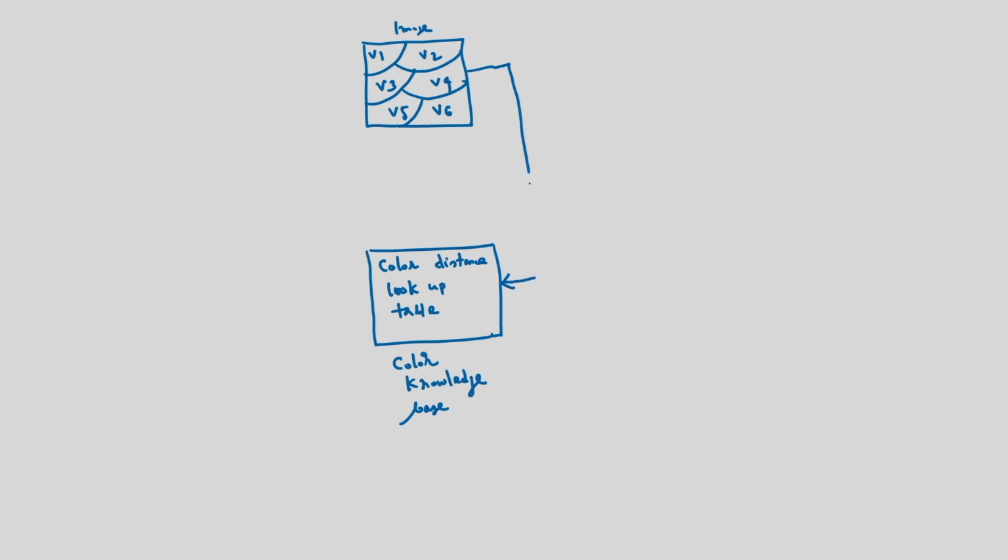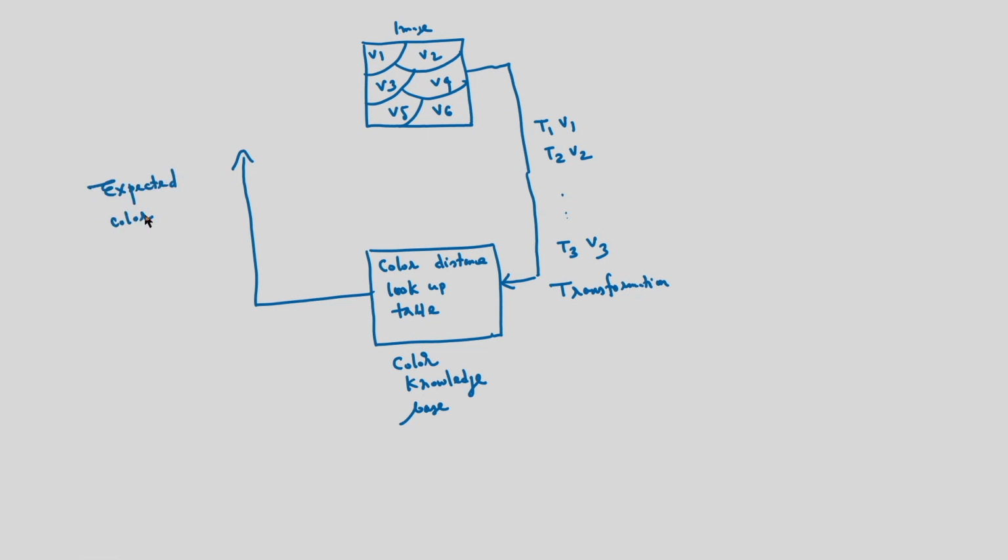So in this case I am considering some transformations: T1 V1, T2 V2, T3 V3, like this. From this I can determine the expected color surfaces, V1 dash, V2 dash, V3 dash, like this.